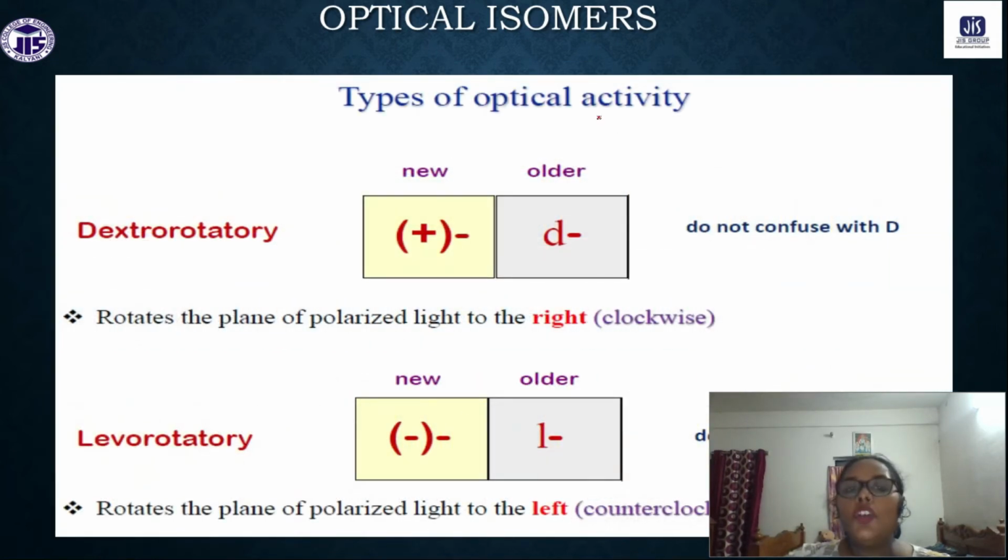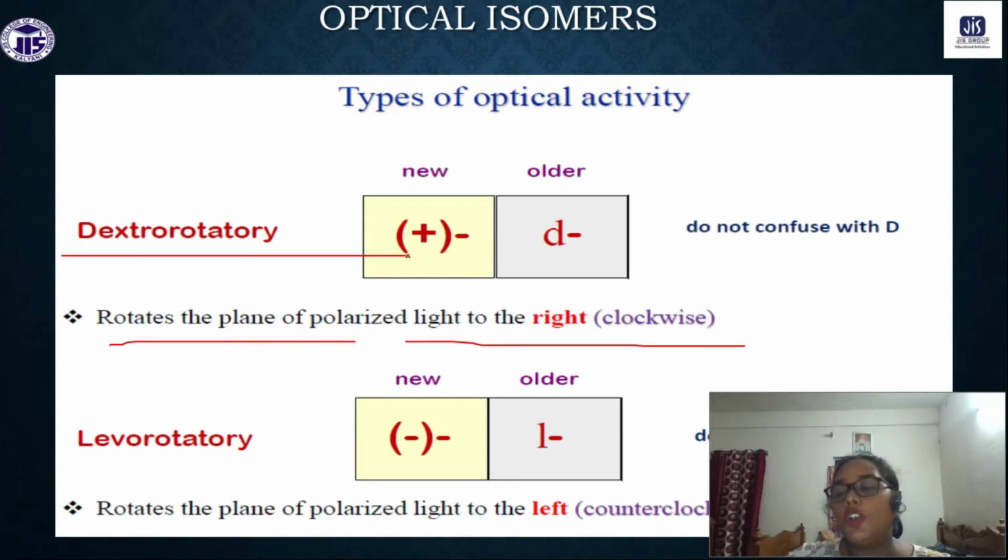So if the light is rotated clockwise by the molecule, that is called dextrorotatory. Previously we denoted it by D, and now we denote it by the positive plus sign.